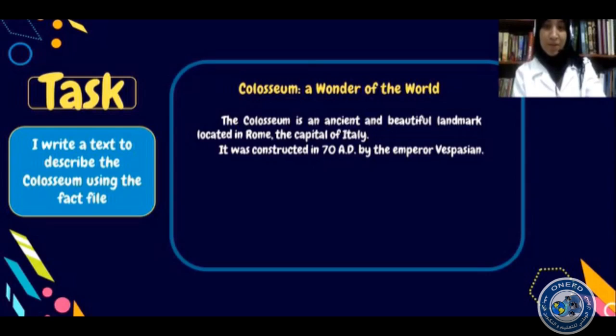Now next, we need to talk about its height. The height. How tall is the Colosseum? 1 minute.